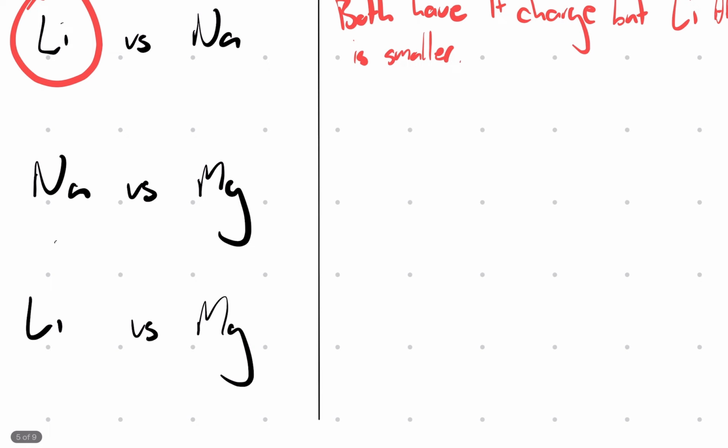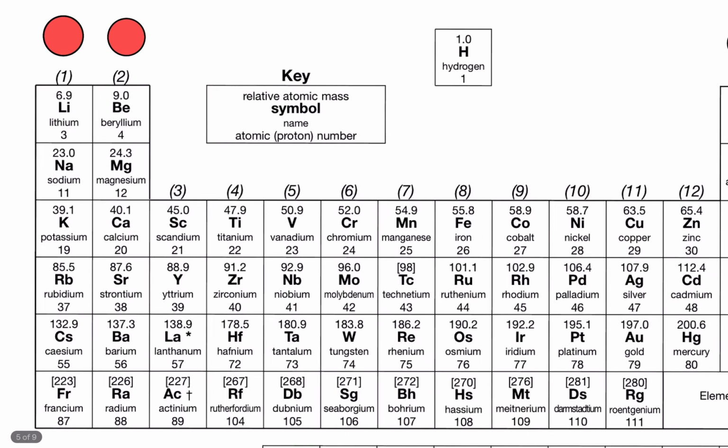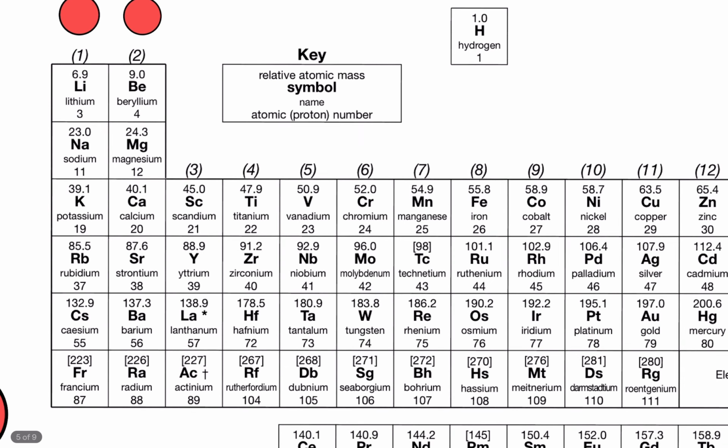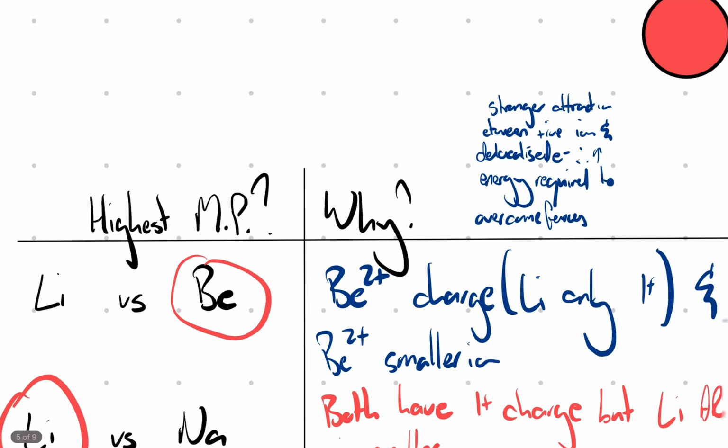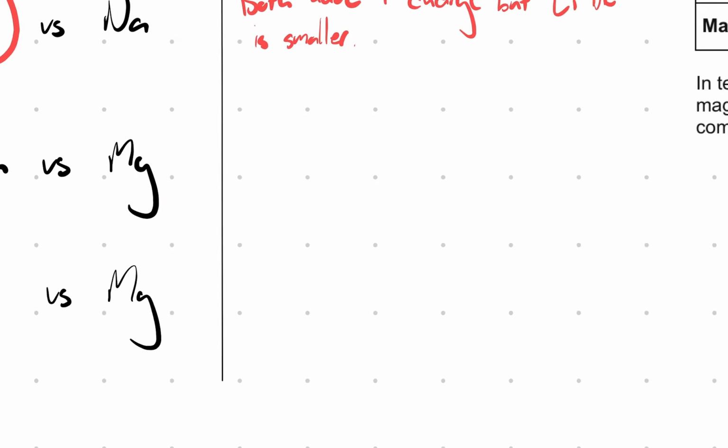Next, sodium and magnesium. If we look at the periodic table again, hopefully we can see sodium has a 1+ charge, magnesium 2+, and a slightly smaller atom. So it's clearly magnesium.